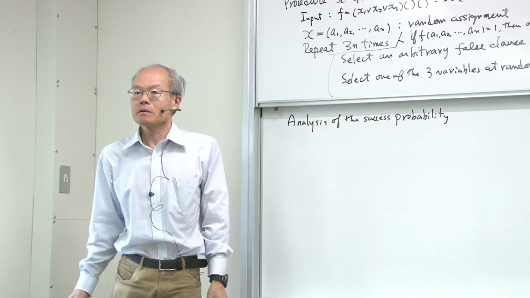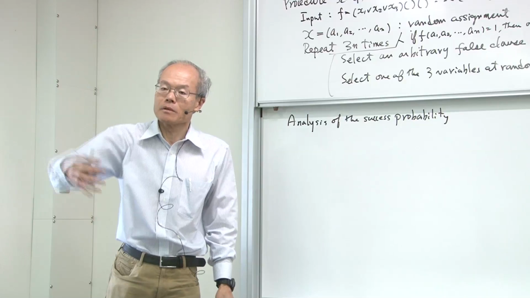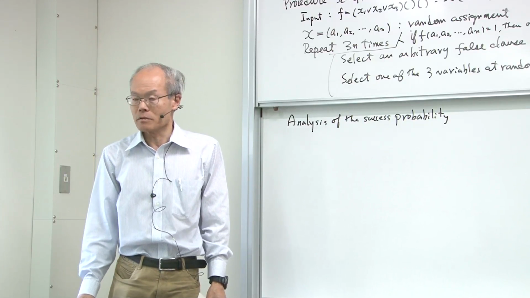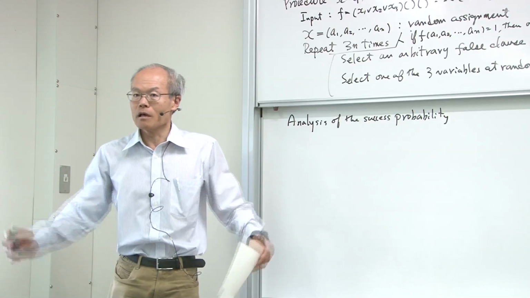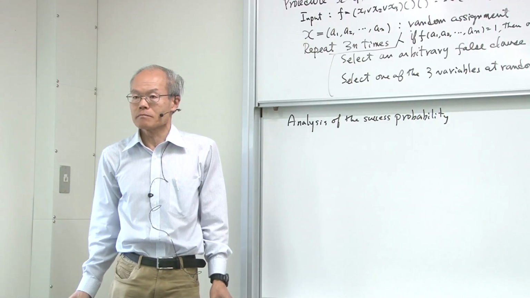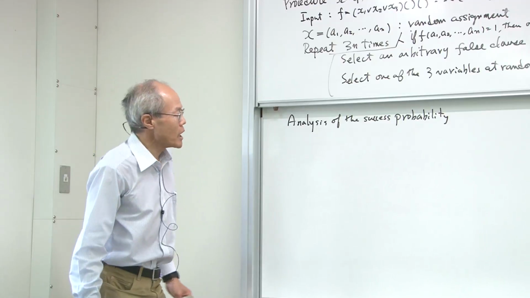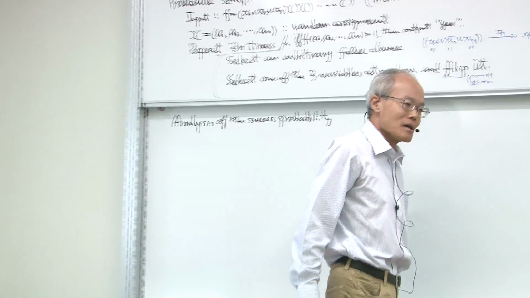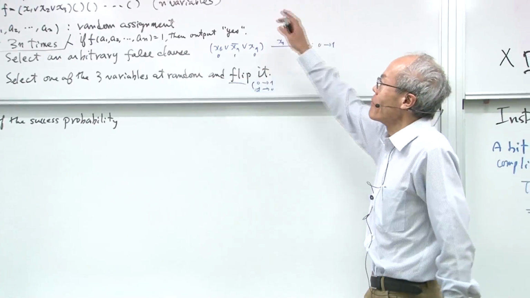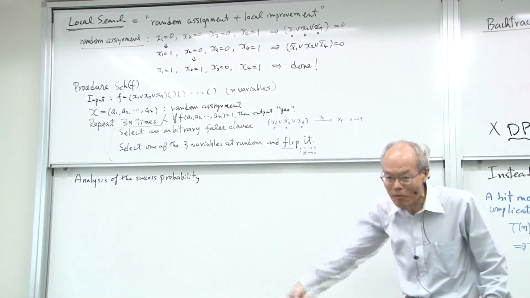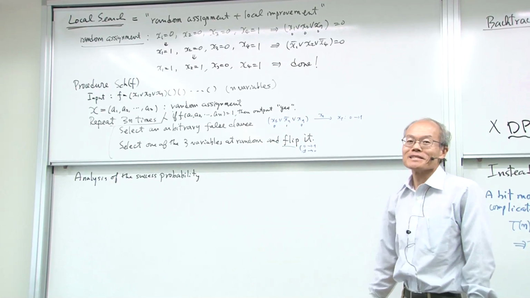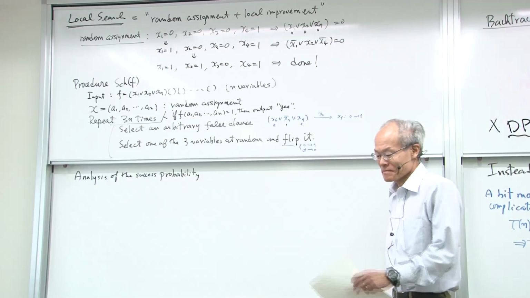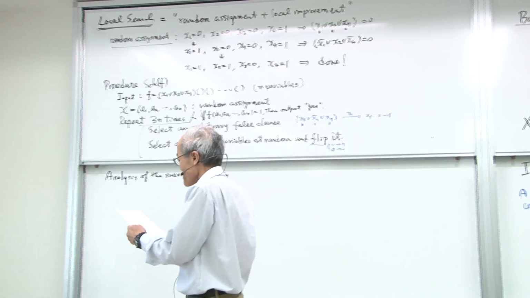That means all repetitions failed. Then the whole algorithm, of course, failed. So what I'm going to compute from now is the success probability of a single run of this SCH.